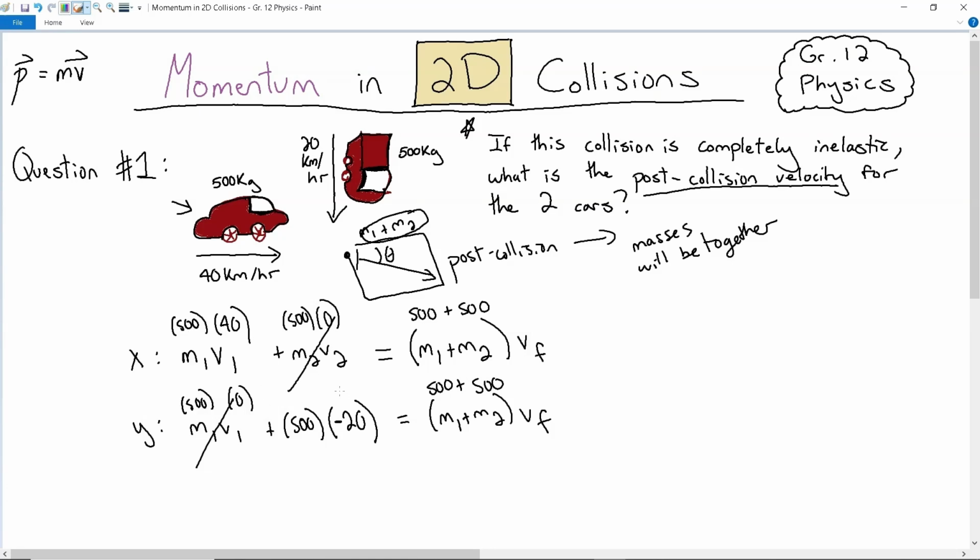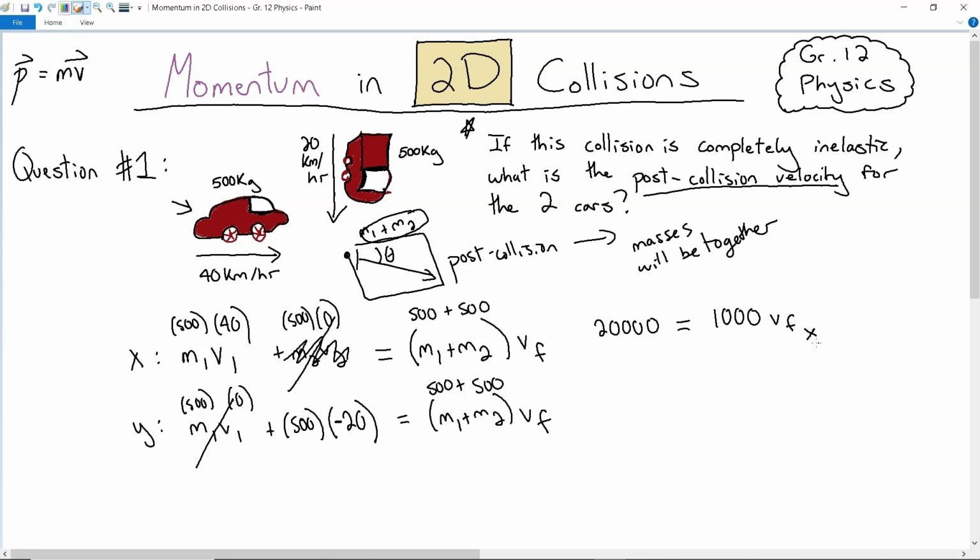So let's just solve all of this multiplication here. 500 times 40 will give us 20,000. We ignore this. And on our right side, we get 1,000 VF, specifically VFX, right?